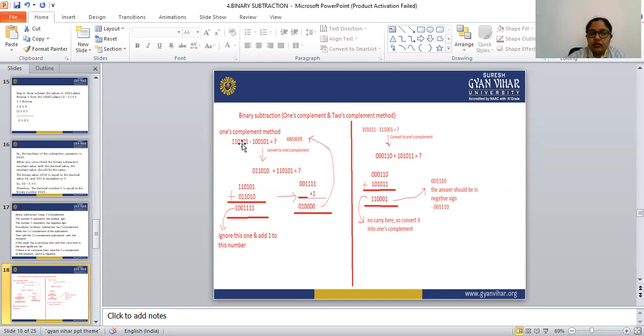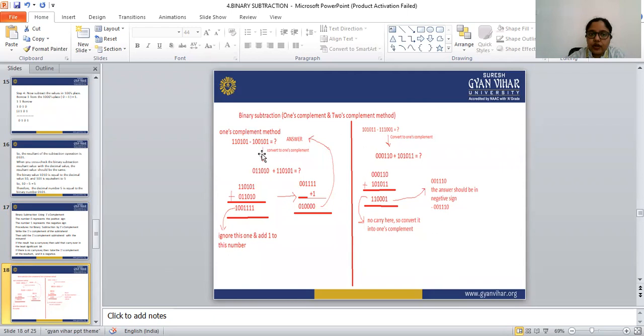So 110101 minus 100101. This is the question here. We have to do the binary subtraction by using the ones complement method.